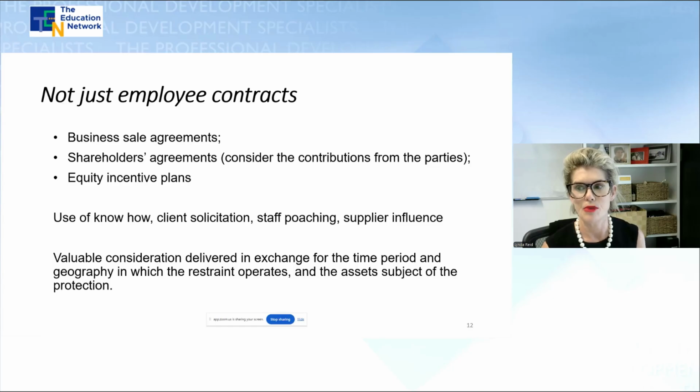So the commercial rationale is different, because the idea is that whoever is selling their interest in a business, or whoever is attributing value to their ownership of the business, should be prevented from diminishing that value for the purchaser after they have left, for a certain period of time, so that the value attributed to that business or corporation is preserved for whoever is on the receiving end of it.